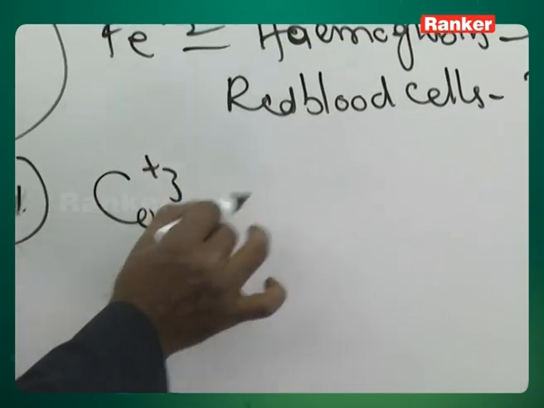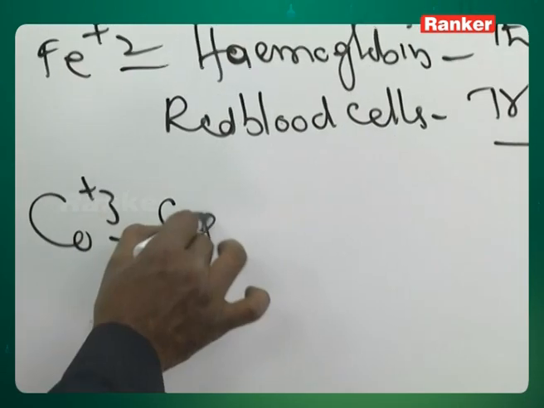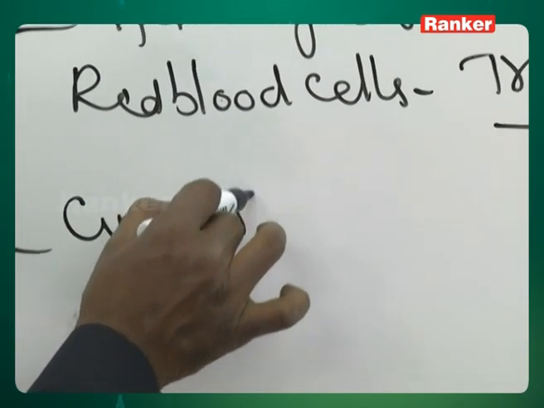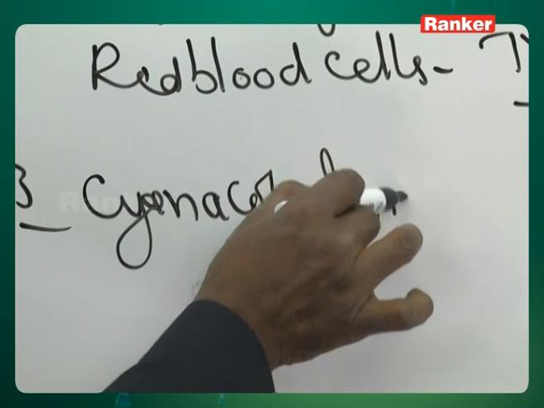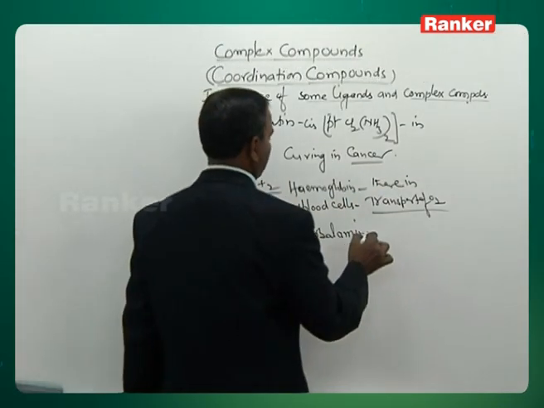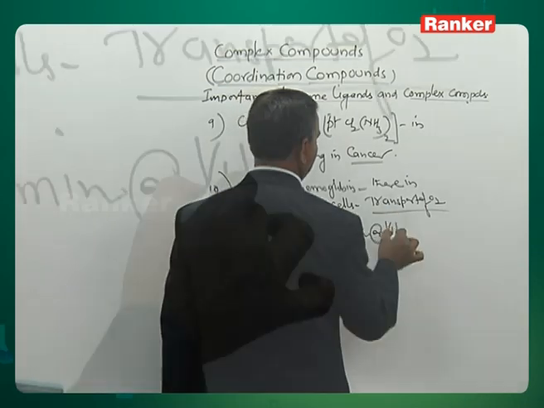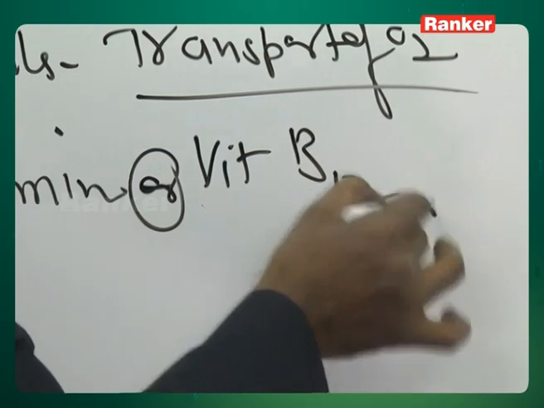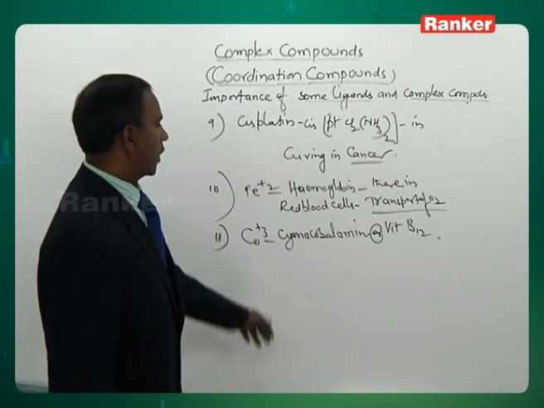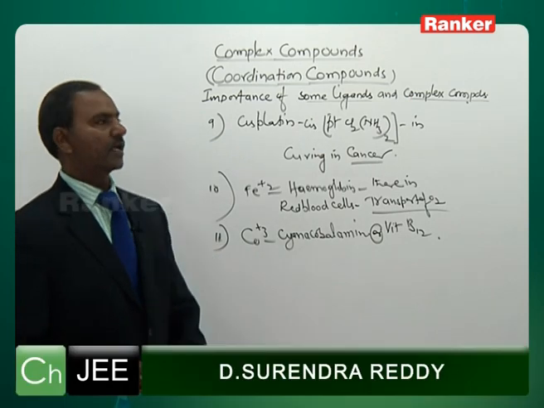Next one, a cobalt 3+ complex, what you call cyanocobalamin, or vitamin B12. Cobalt 3+ is there in cyanocobalamin, or vitamin B12. This is the cobalt complex, vitamin B12.